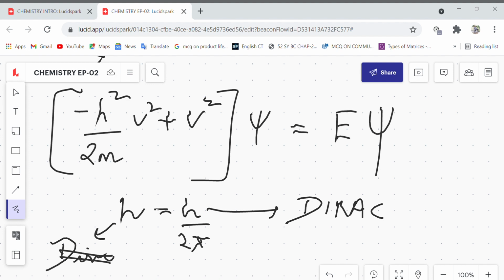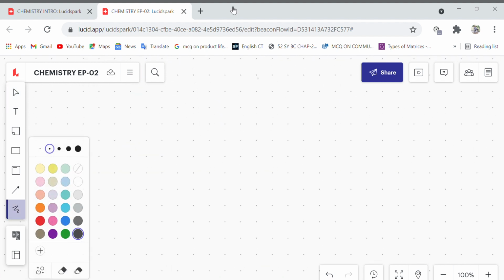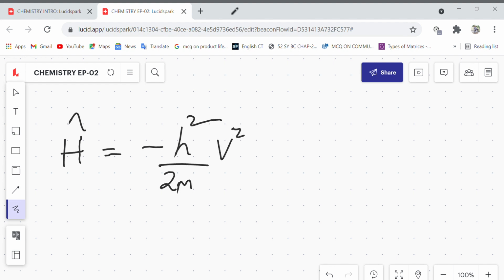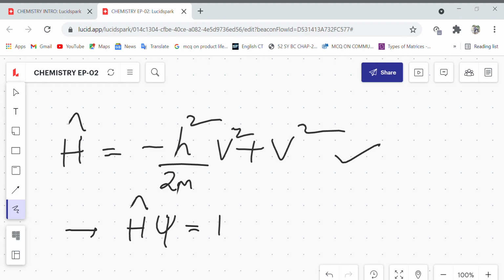So then this can be written as H cap, like this, is equal to minus h bar square by 2m del square plus V. So the whole thing can be written as H cap psi is equal to E psi.